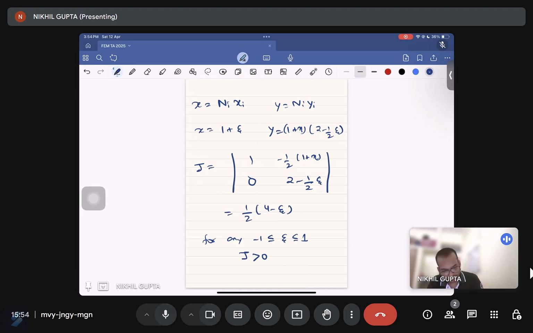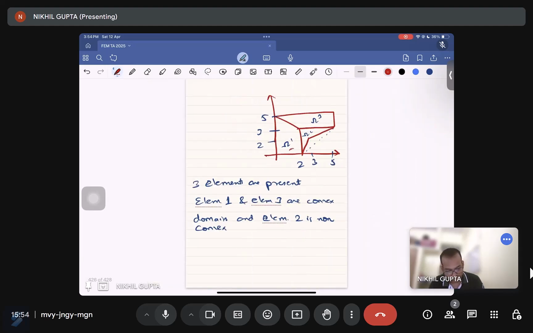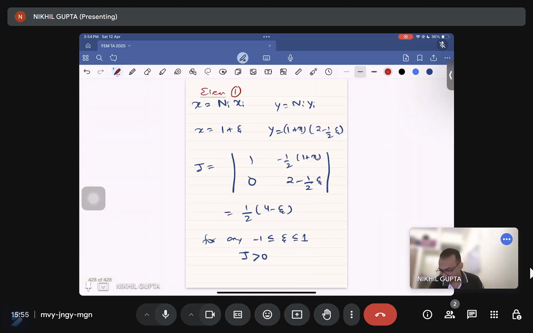So all this we were doing for element number 1, which is this. Since it is convex, you are getting this, so the transformation is continuous and differentiable.